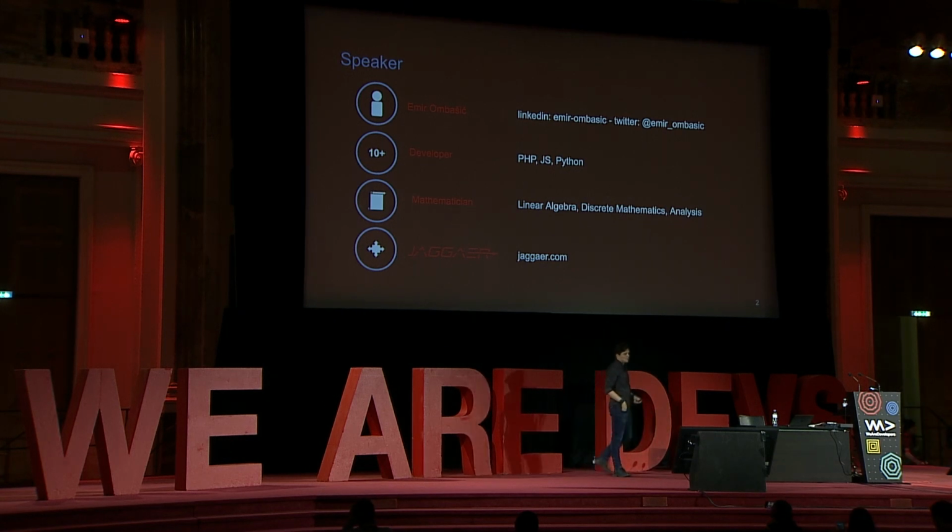My background is in mathematics. And the past 7 years of my career I spent at Jagger. Now, Jagger is the world's largest independent spend management company. We work with a tremendous amount of procurement data on a daily basis, and this project actually leverages some of this data.